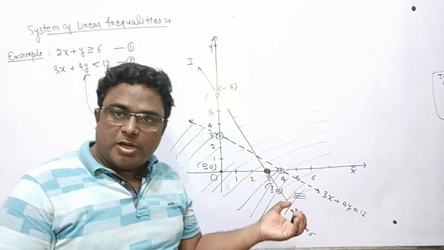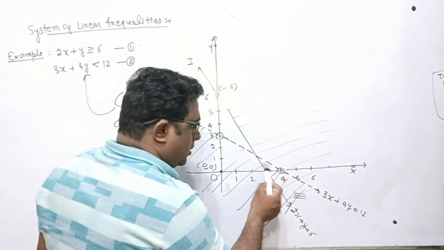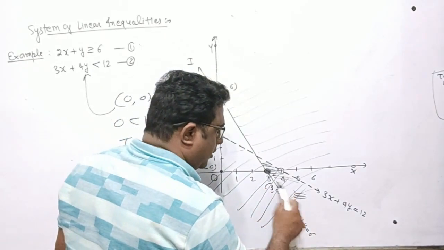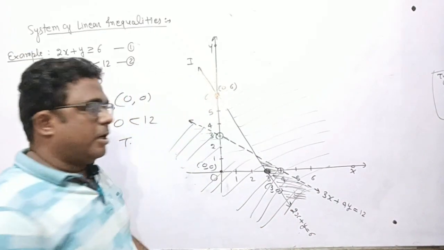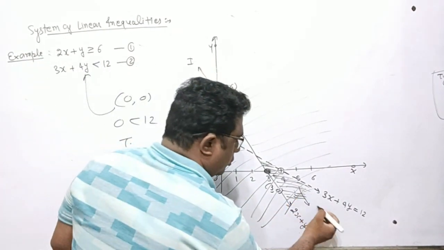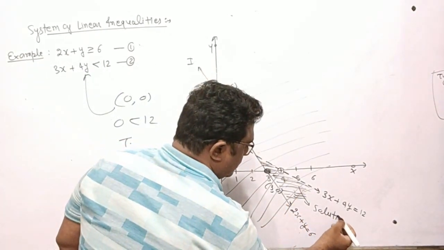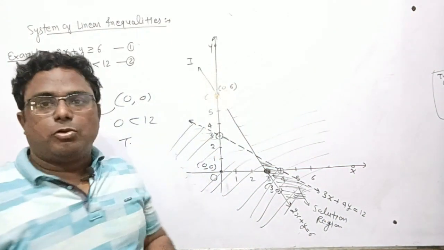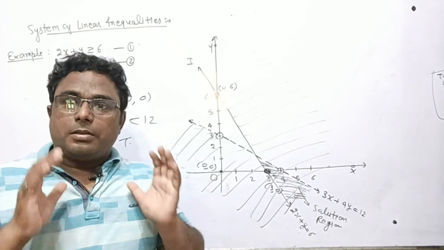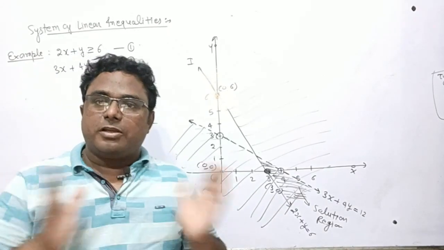So it is the common area, and the common area will be shaded a little bit darker. So in this portion you will do the dark shade, and this will be the solution region. It is the solution region for the given system of inequalities.